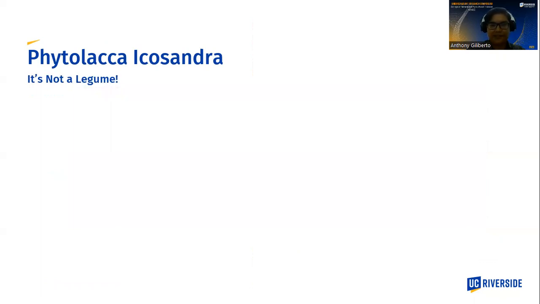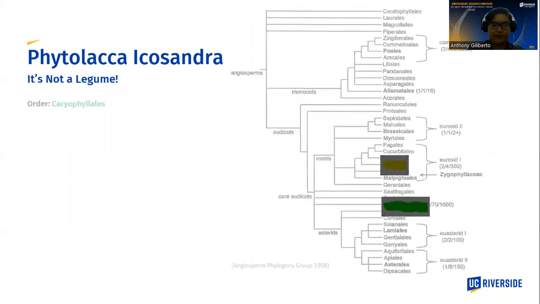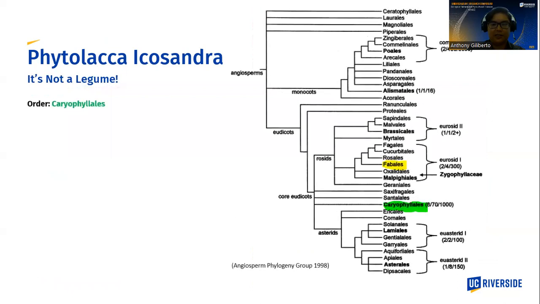They're actually very distantly related to the legume family. Phytolacca acinosa is in the order Caryophyllales, while legumes are in the order Fabales. So we wanted to test if this distant cousin can engage in symbiotic nodulation.